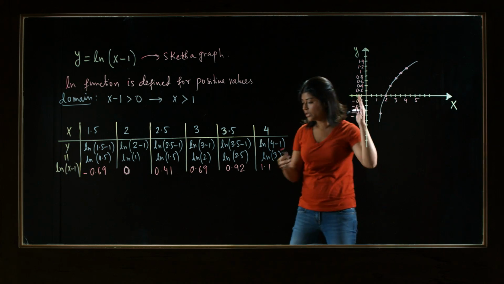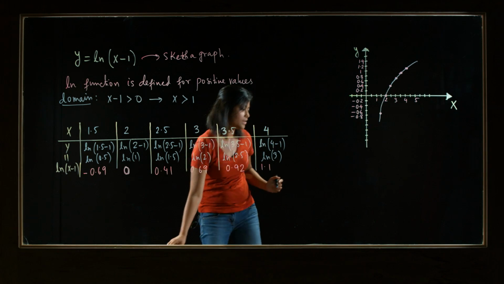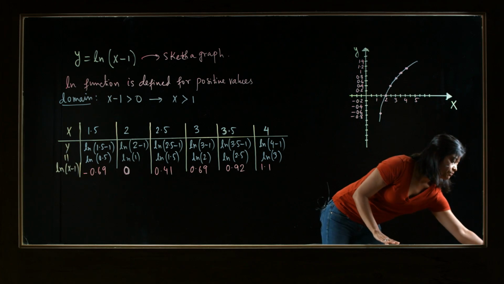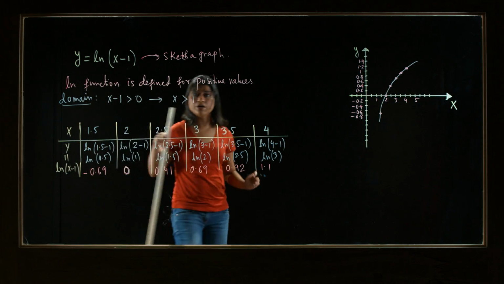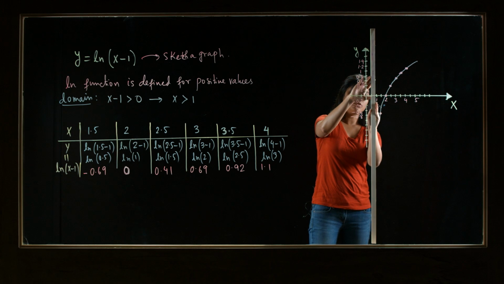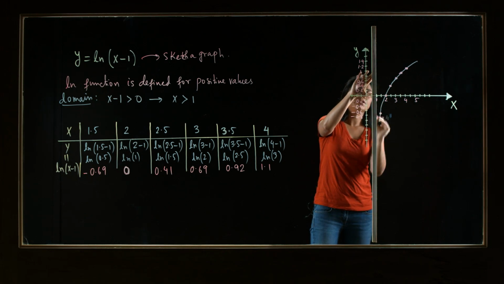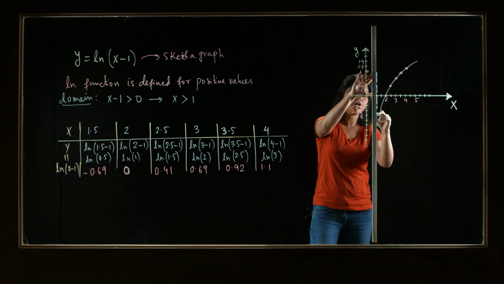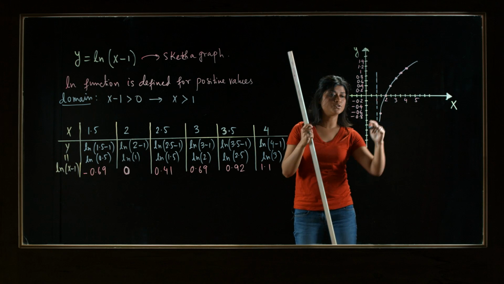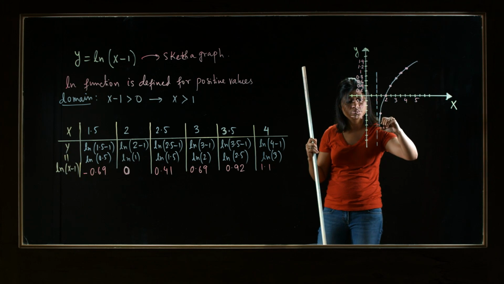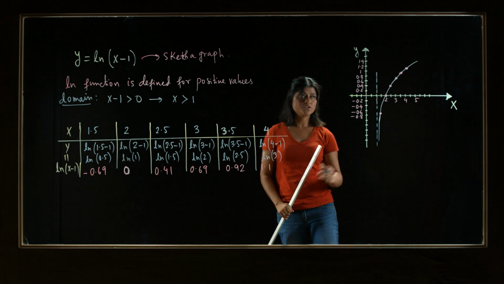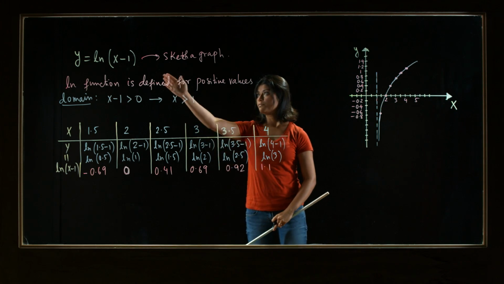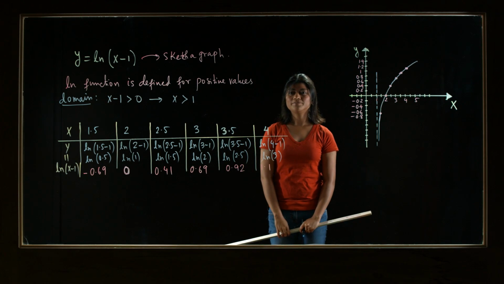And therefore, this x equals 1 is going to be a vertical asymptote to the graph of the function. So let me point that out here in the graph. x equals 1 will be actually a vertical asymptote, and the function will keep decreasing and get close to that line. So that is a rough sketch of the function natural log of x minus 1. Thank you.